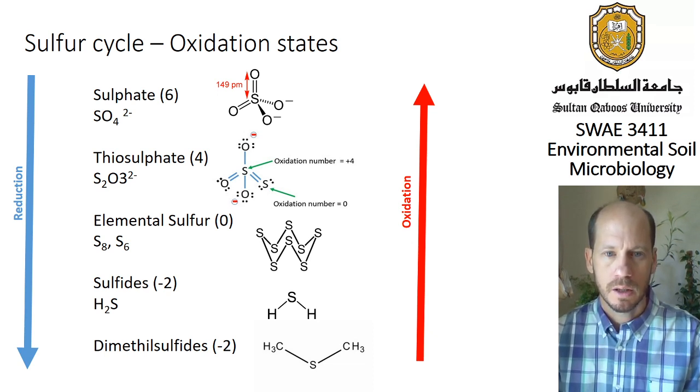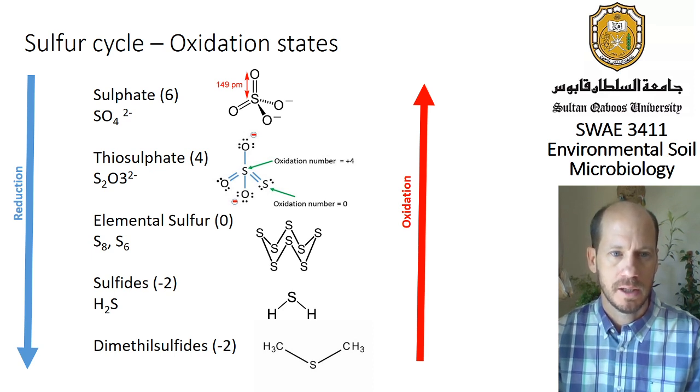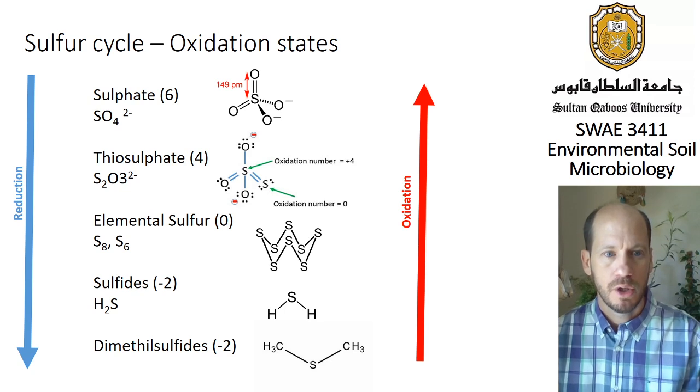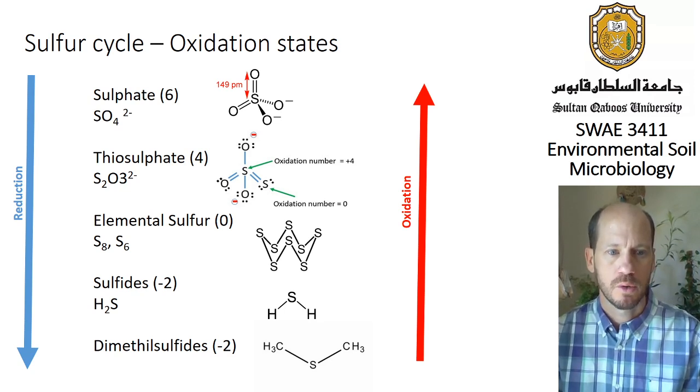It's the most abundant form in soil environments, in the form of sulfates and sulfate salt precipitates like gypsum, for example. So for sulfate the oxidation state is 6, and it can be reduced to thiosulfate, elemental sulfur, and the most reduced forms are sulfides and dimethyl sulfides.